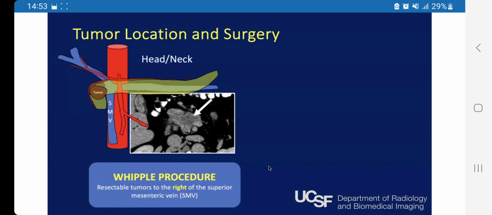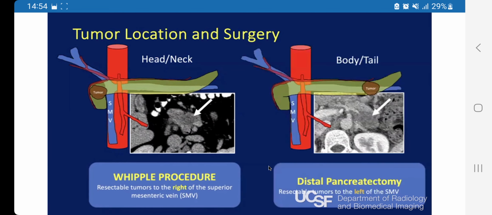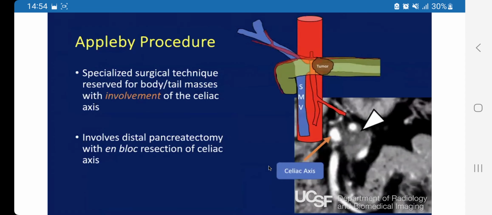Now let's quickly talk about the different surgical techniques that we have. If you have a pancreatic head tumor or a tumor to the right side of the SMV, the surgeons do a Whipple procedure, which basically means they take the pancreatic head out with some bowel anastomosis associated with that. If it's at the body or tail, or to the left of the superior mesenteric vein, a distal pancreatectomy is done.